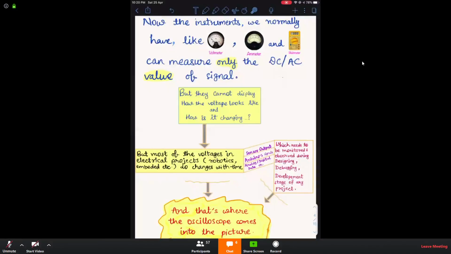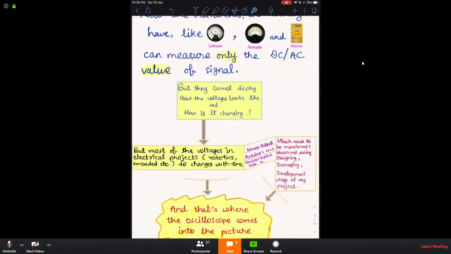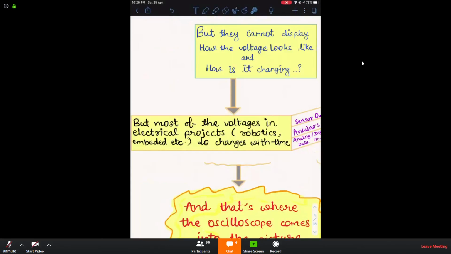Now what we should understand is, one should ask a question: why are we interested in viewing the waveform? What is the necessity to look at how that voltage looks?